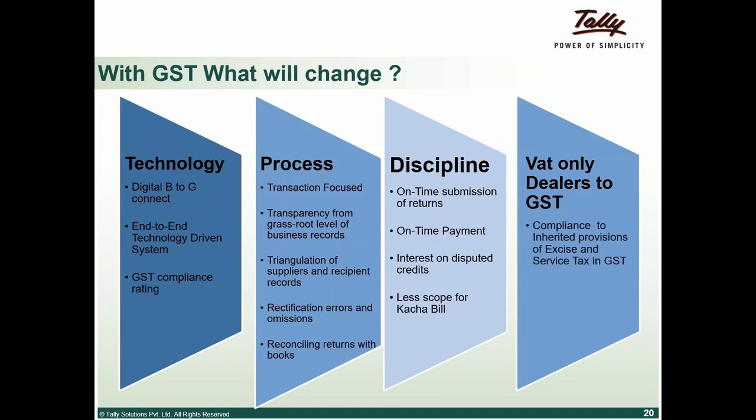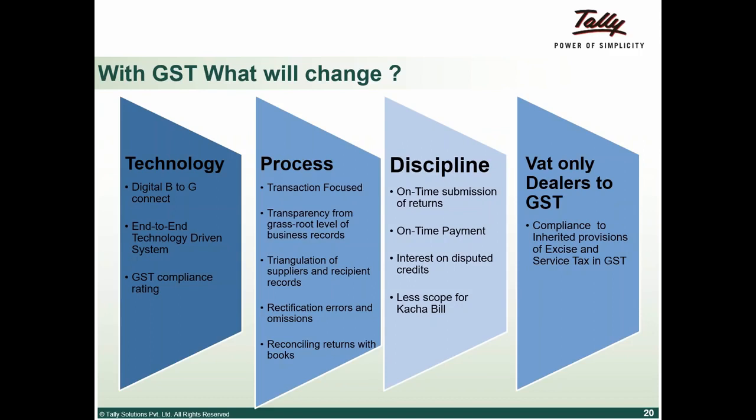exposed to the compliance of inherited provisions of excise and service tax, right? So now for supply of goods, I have to now manufacture, right? I mean, manufacturing is not going to stop under GST. Now there will be various registers and other things probably which could be prescribed, of which we don't have the detail, right?